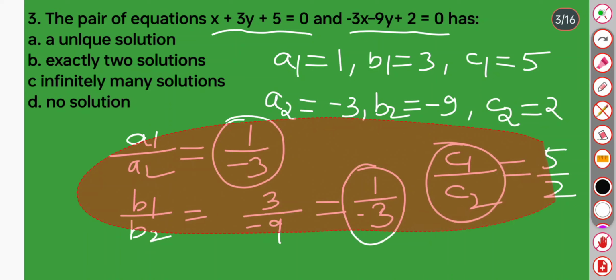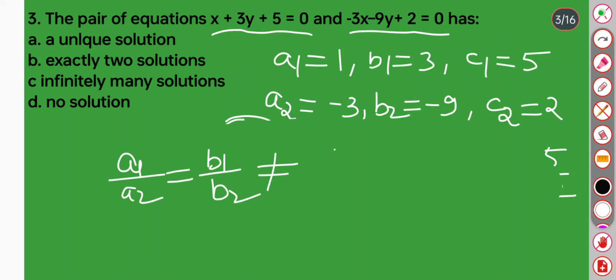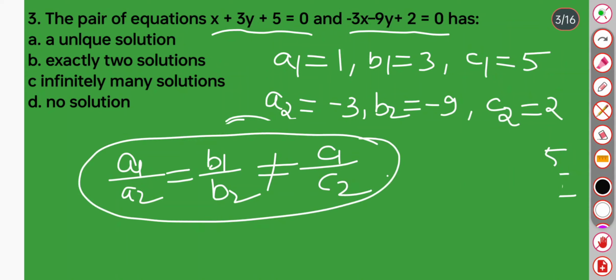So whenever you get this condition, it means no solution, or parallel lines. So option D is the correct one, no solution.